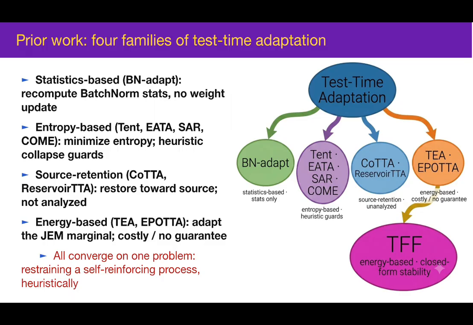Now, the interesting part is this red line at the bottom. All of these are actually fighting the same problem, I think, called the self-reinforcing loop. Because the model learns from its own confidence, it can start believing in its own mistakes more and more, kind of like an echo in a cave that grows louder and louder.